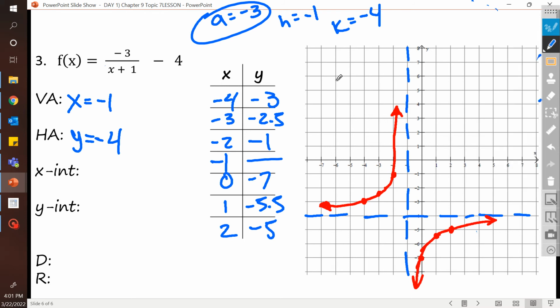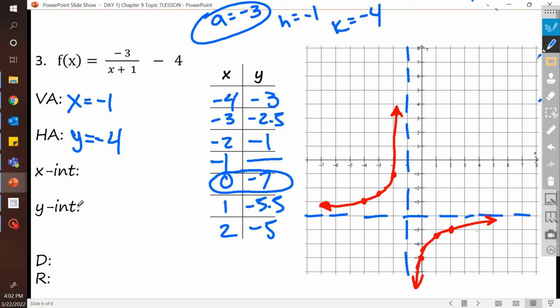So this one, we have a lot of different transformations. Let's see if we can figure out where the intercepts are here. So the x-intercept we can find by plugging in 0. Hey, we already plugged in 0. We know where the x-intercept is. Or sorry, that's the y-intercept. I usually do these the other way around.